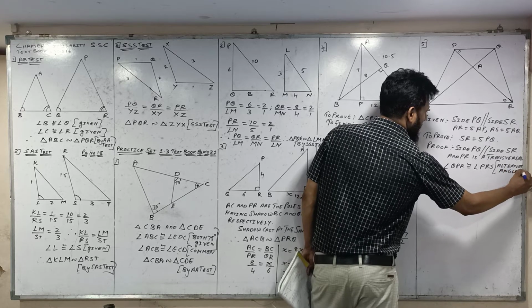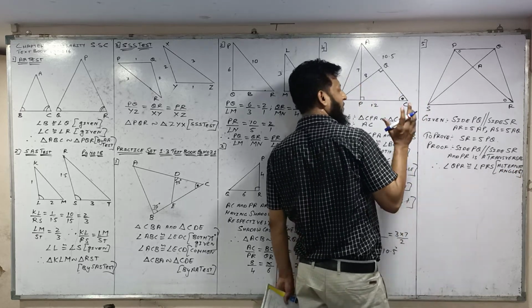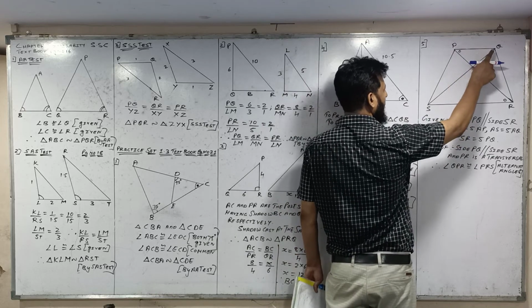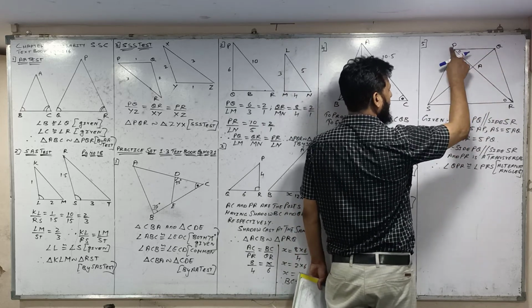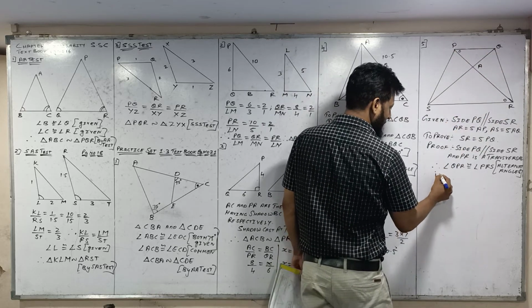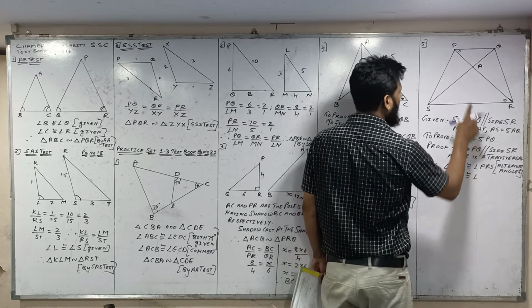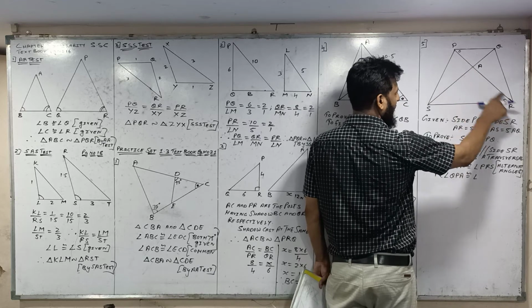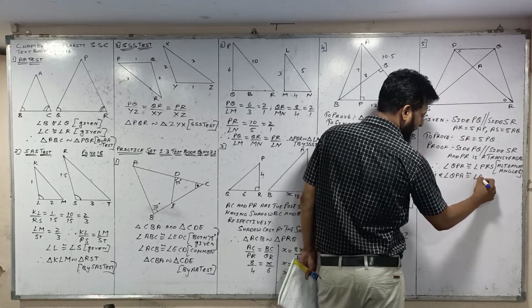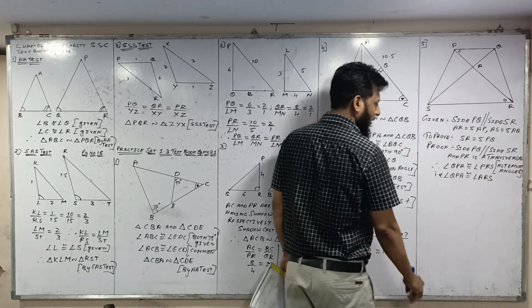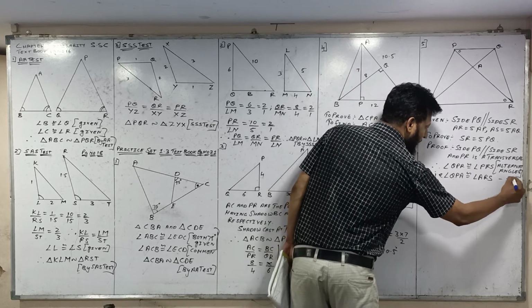We have to take the name of the angle according to their triangles. For QPR I can write QPA, that is, QPA congruent to angle ARS. So give the name 1.